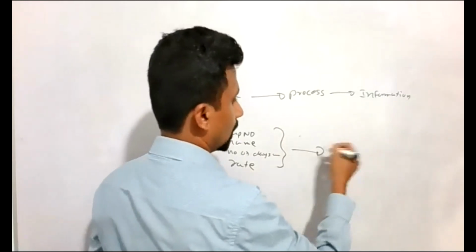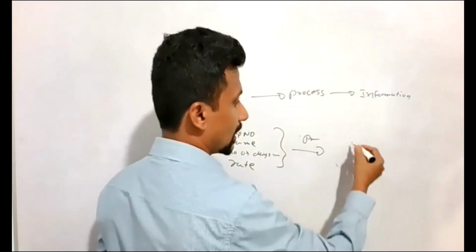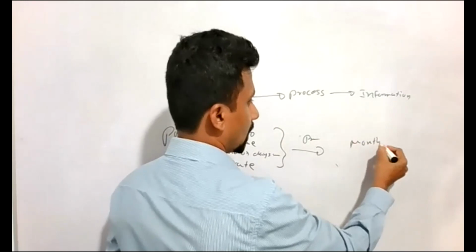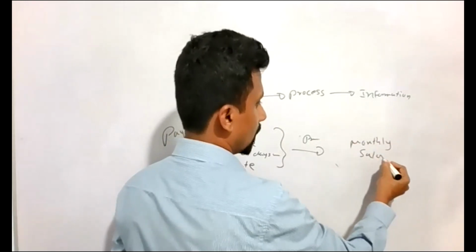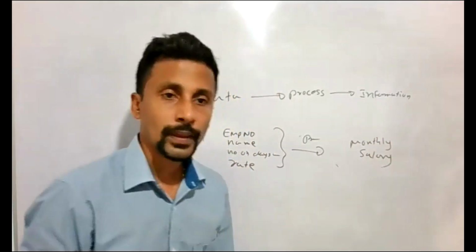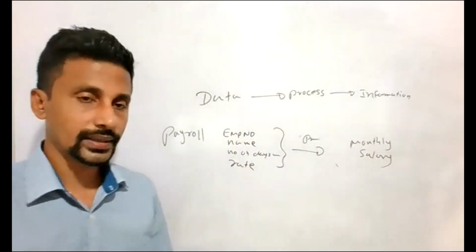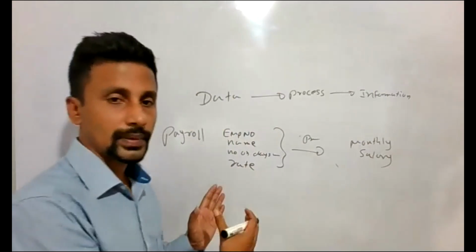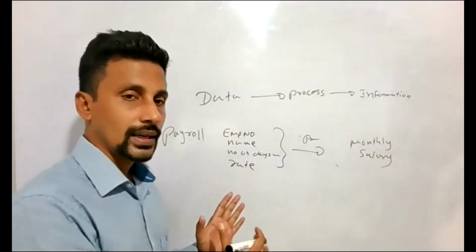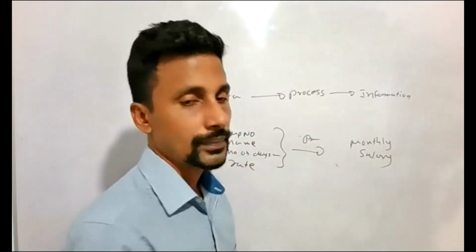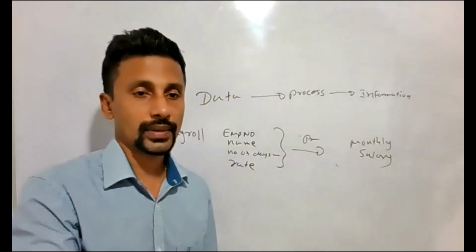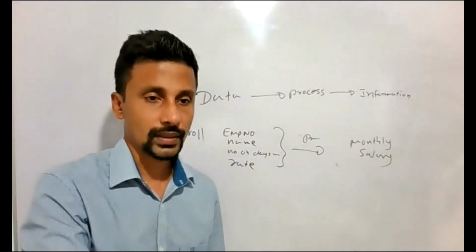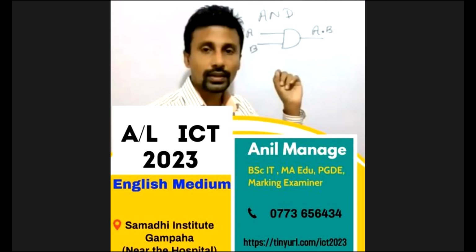After processing, you get the monthly salary as the information. You can take any type of example, and you have to separately show what the data of this system are and what the information of this system is. So that is the answer for this part.